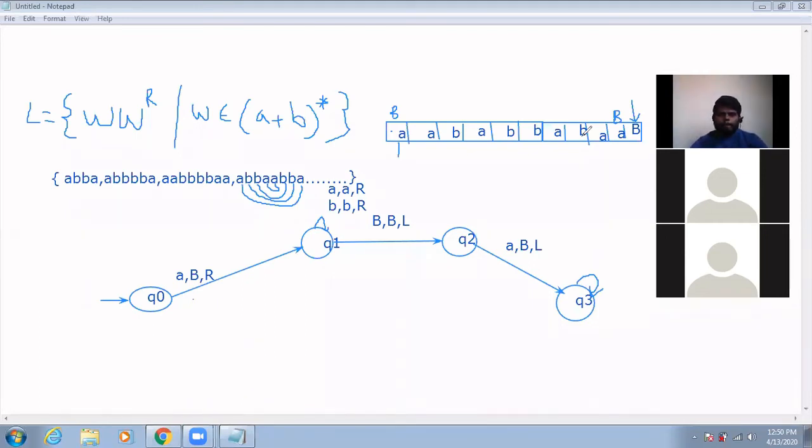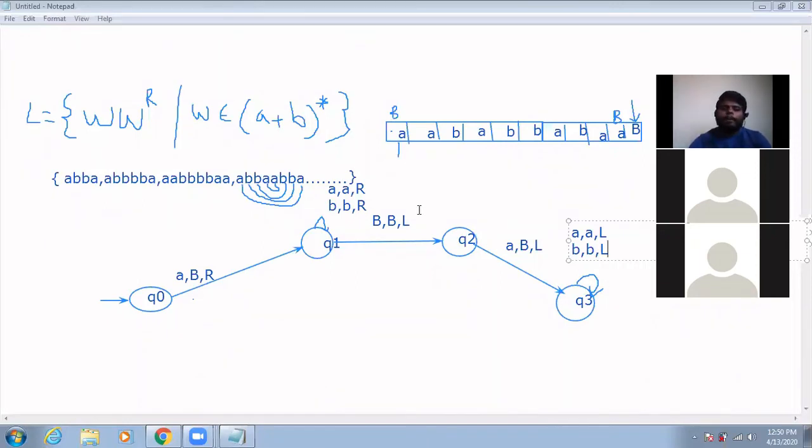While moving left hand side, you may encounter any number of A's, A comma A, or any number of B's, B comma B. For both you have to move left hand side only, until you encounter a blank.